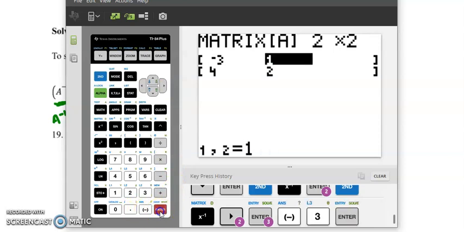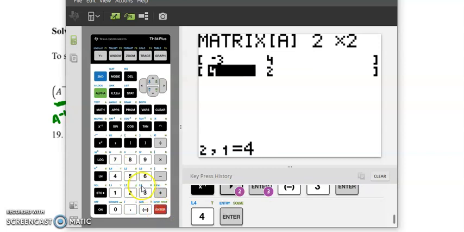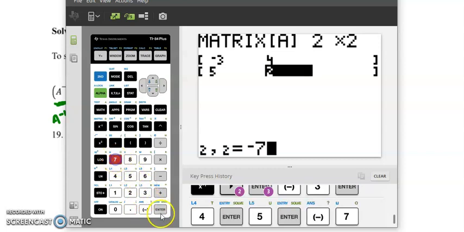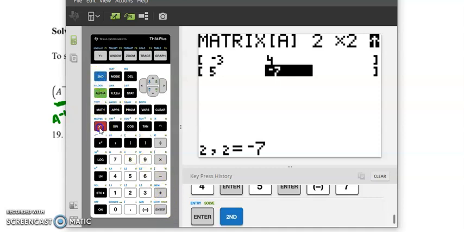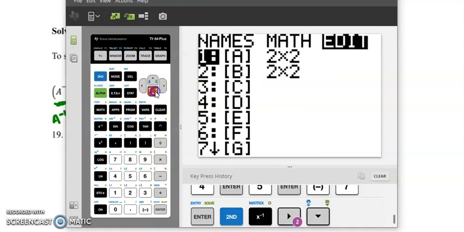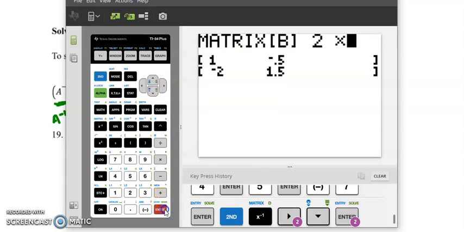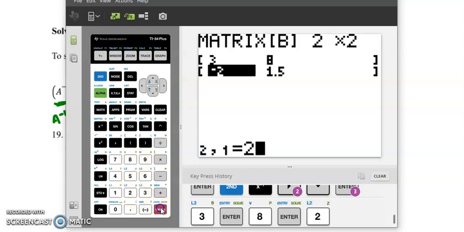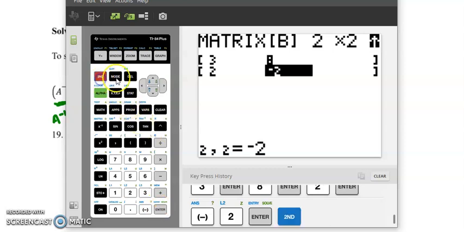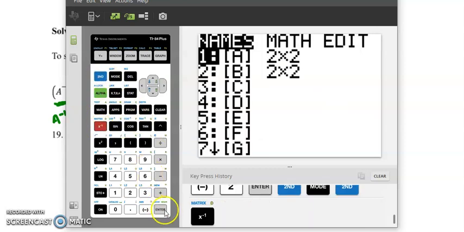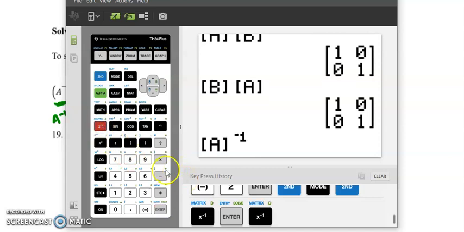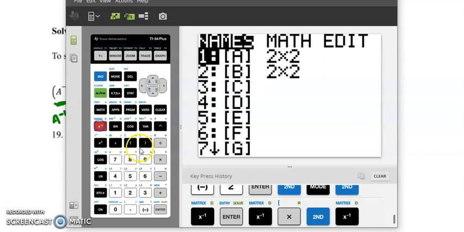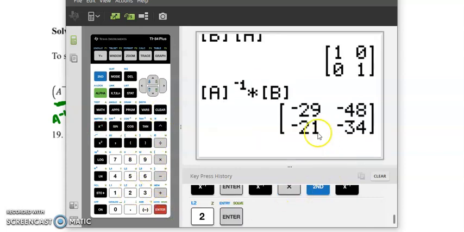We have -3, 4, 5, -7, and then we're going to type in matrix B. It's a 2 by 2, 3, 8, 2, -2, and then for the operations, what I want to do is take the first matrix A, take the inverse of it, and then multiply by the second matrix B, and this will be my resultant answer. This matrix here, -29, -48, -21, -34.